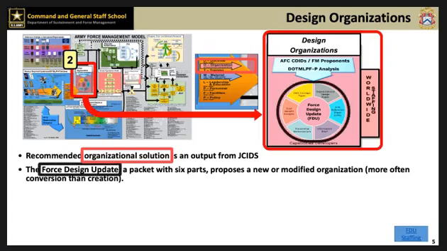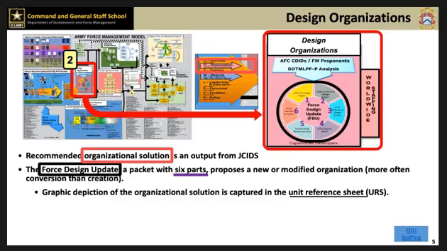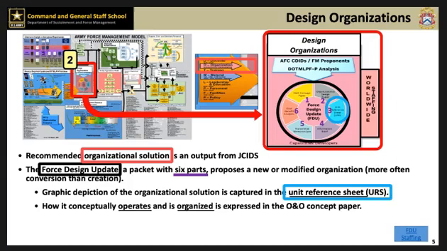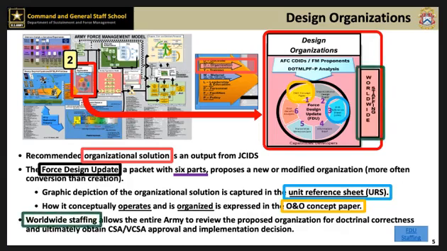An FDU packet comprises 6 parts. These include a unit reference sheet, or URS, and an O&O concept paper. Capability developers send this packet out for worldwide staffing. The packet must ultimately be approved by the Chief of Staff of the Army and the Vice Chief of Staff of the Army.